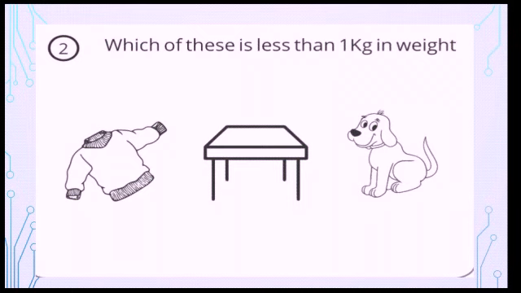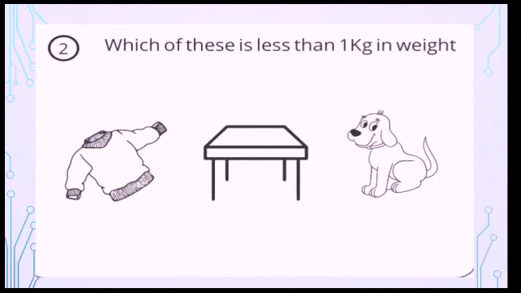You have to think first. First one you can say is a jacket also. So jacket or table or the dog, what will be your answer? Just give the answer in my comment section.